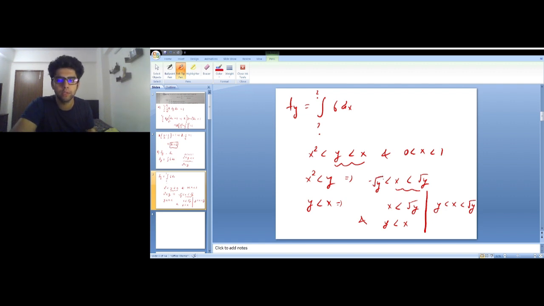Let me just check once. So my y was greater than x square, right? So my x lies between root y and minus root y.